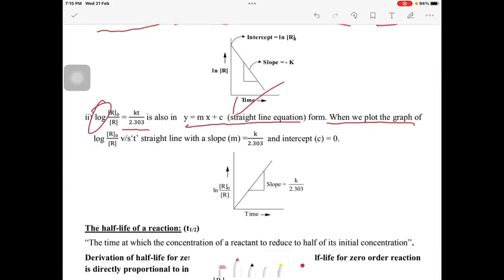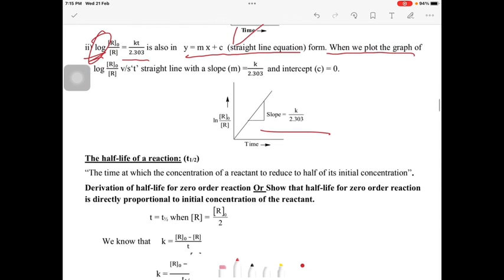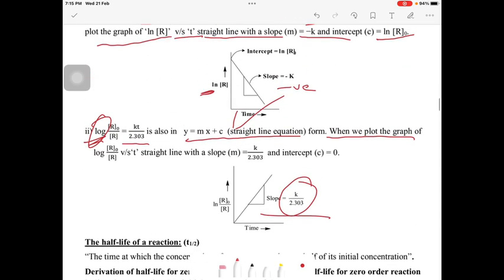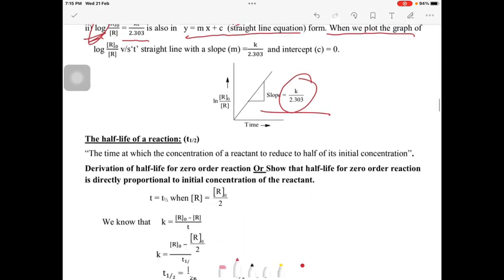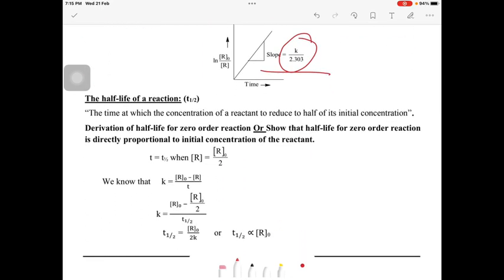When you take ln, negative slope. When you take log, we will get positive slope, then slope is k by 2.303, whereas here slope is minus k. That is the difference.